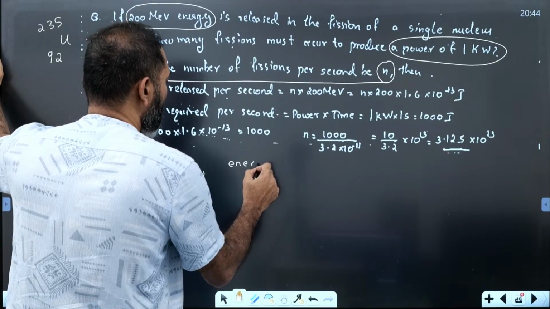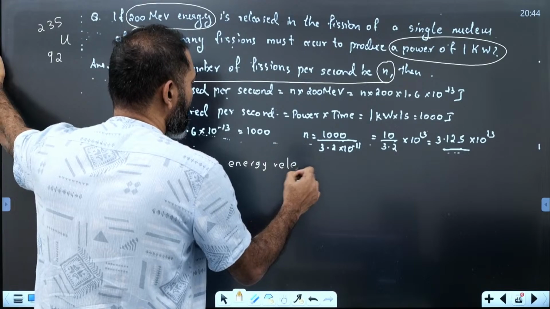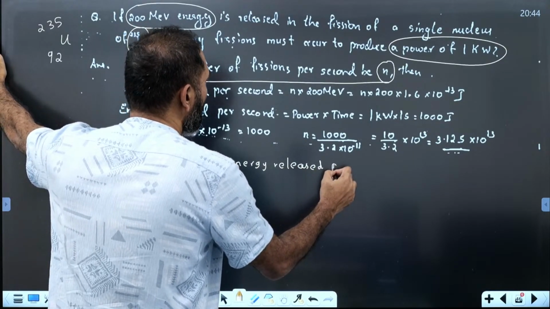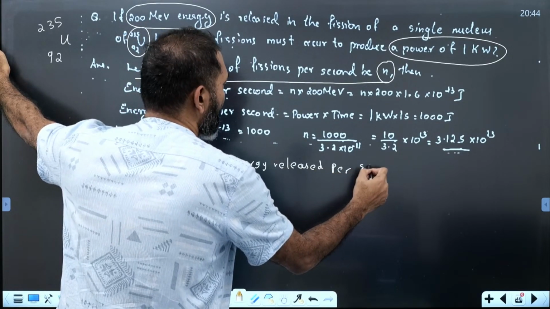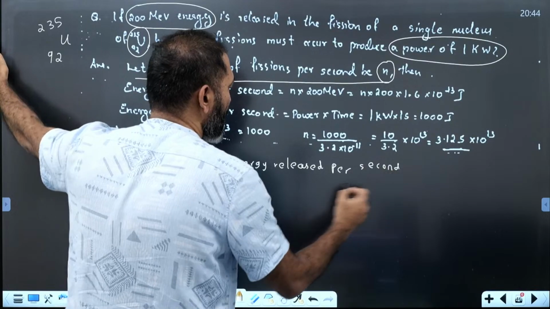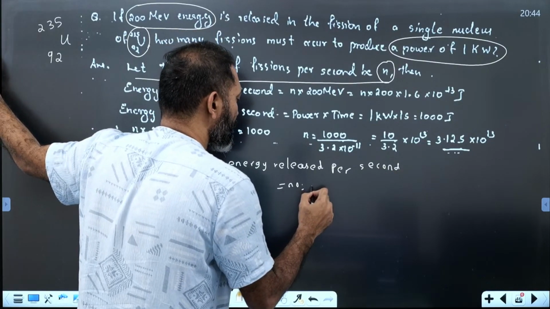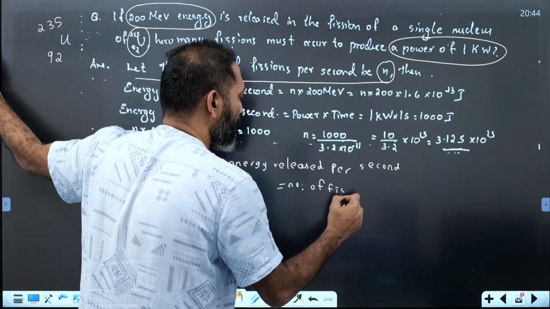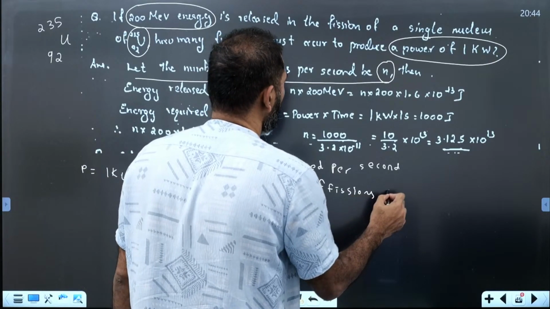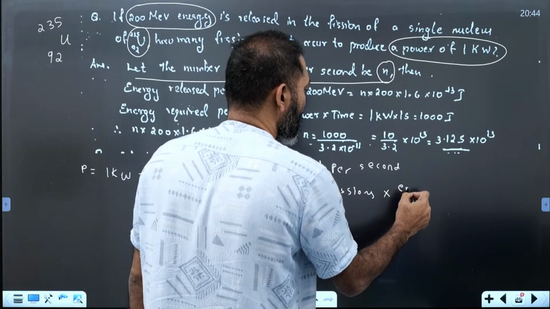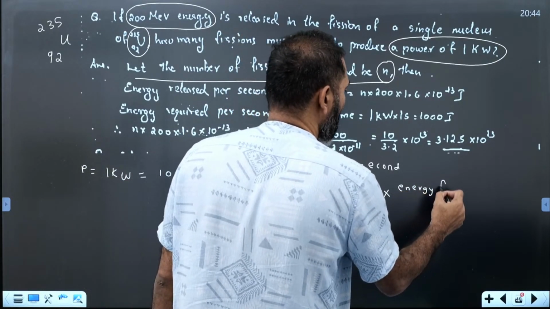Energy released per second is equal to the number of fissions into the energy from one fission.